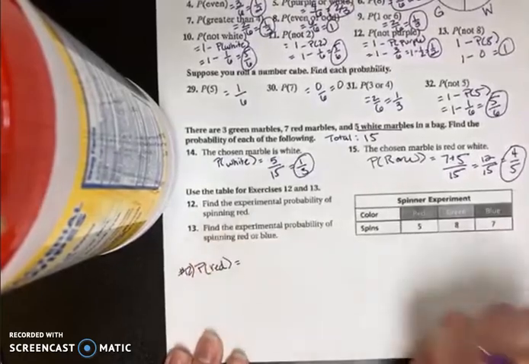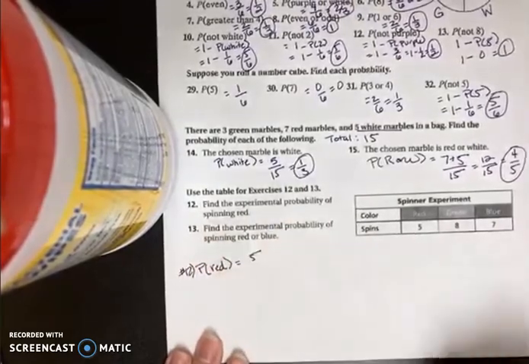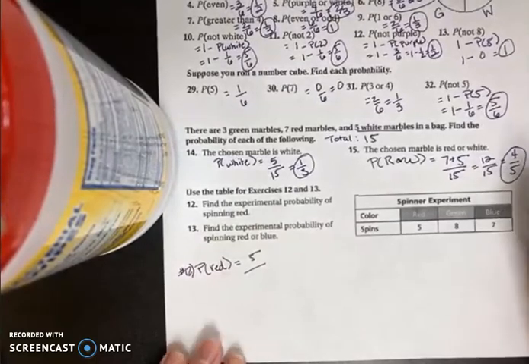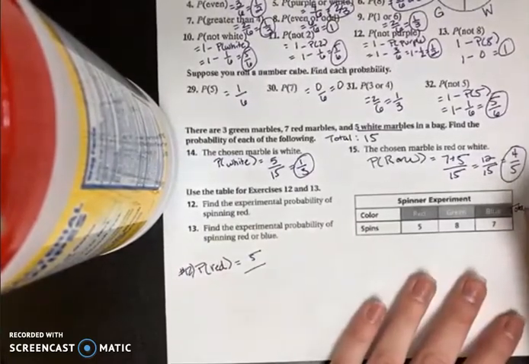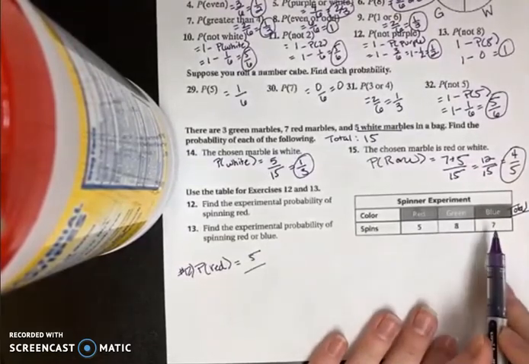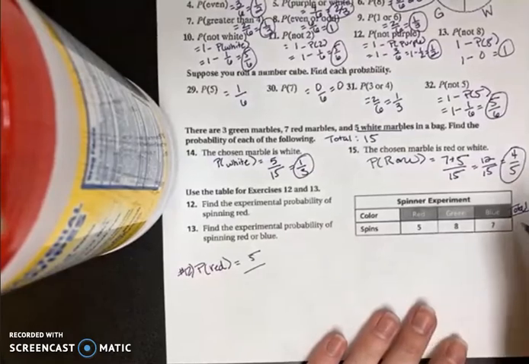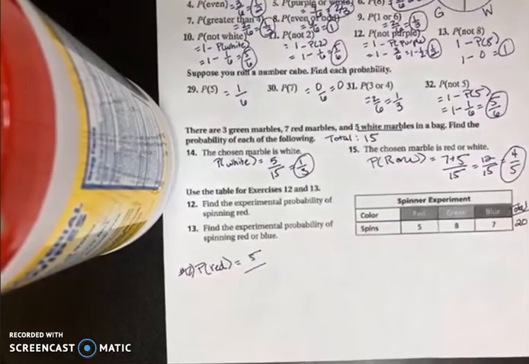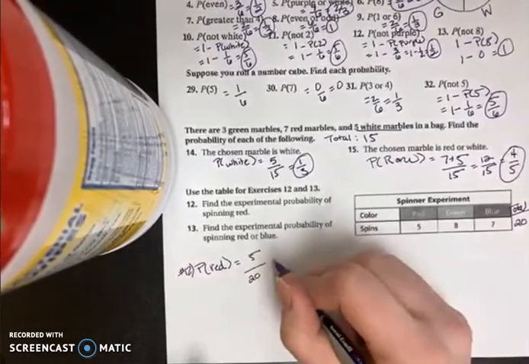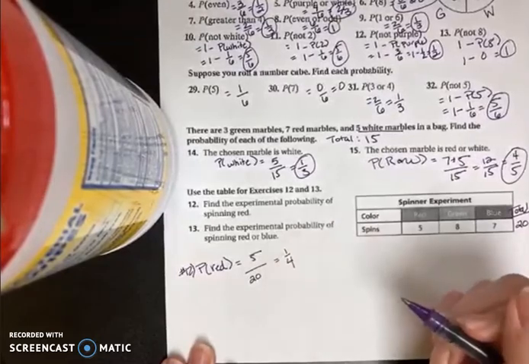Well, it landed on red 5 times. Out of how many? Now, just because it doesn't say the total doesn't mean we're in trouble. Remember, we can just find it, add these together, and you would get 20. So 5 out of 20 times it landed on red, which is a 1:4 ratio.